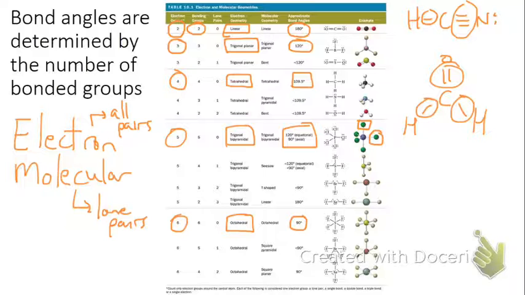So 2, 3, 4, 5, and 6: linear, trigonal planar, tetrahedral, trigonal bipyramidal, octahedral. And then I also want you to memorize the bond angles: 180, 120, 109.5, 120, 90, and then 90. Because this will be very important information both for the final and for the quiz you're going to have next Monday.